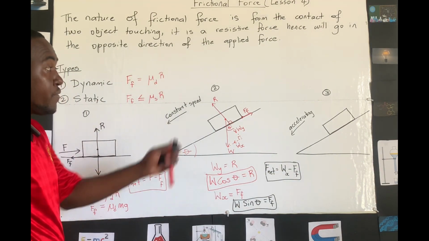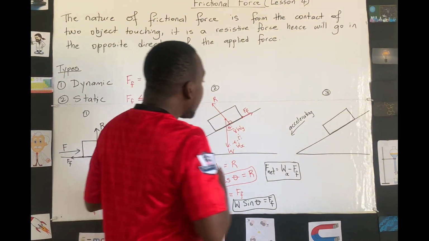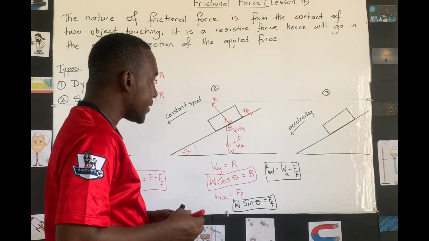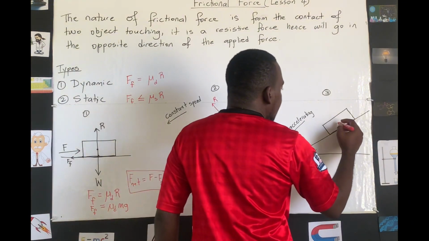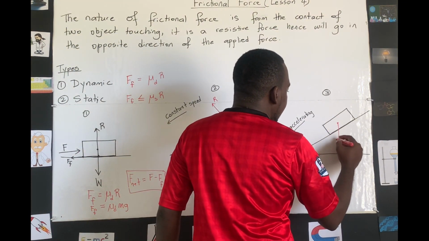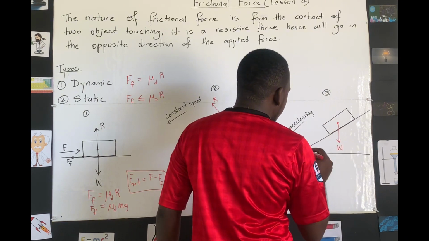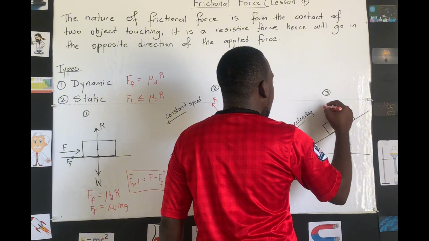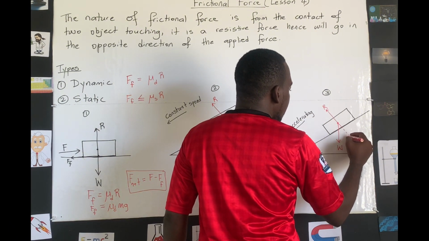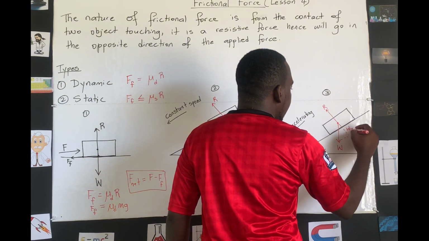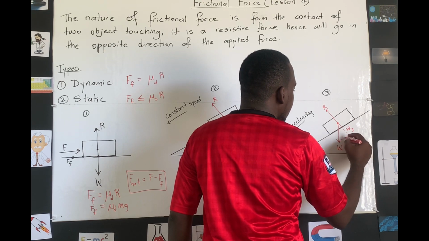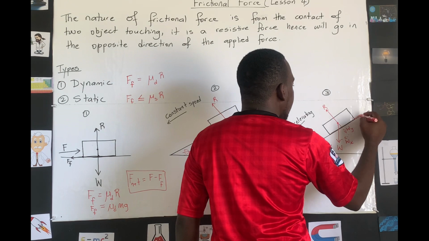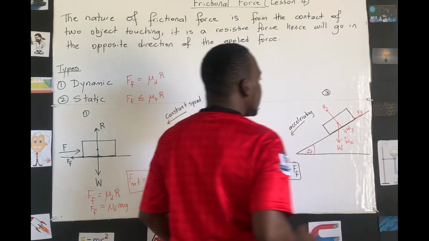All right. And then finally, instead of going at a constant speed, we're accelerating. So therefore, just drawing back the same forces because it's an inclined plane. We have the same set of forces, WY, WX. And we also will have our frictional force.